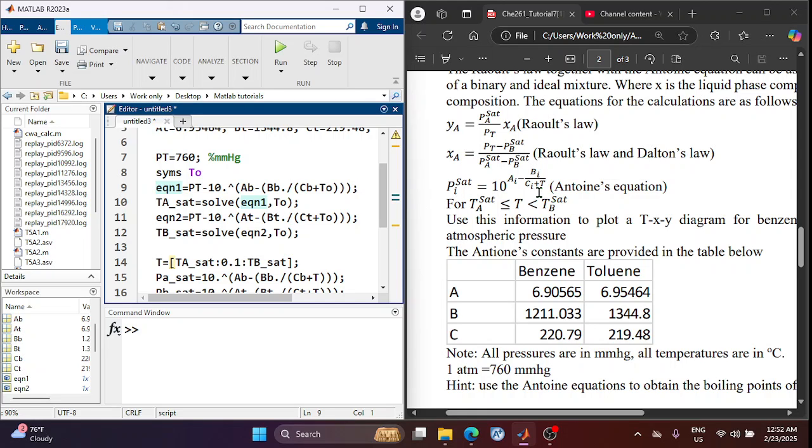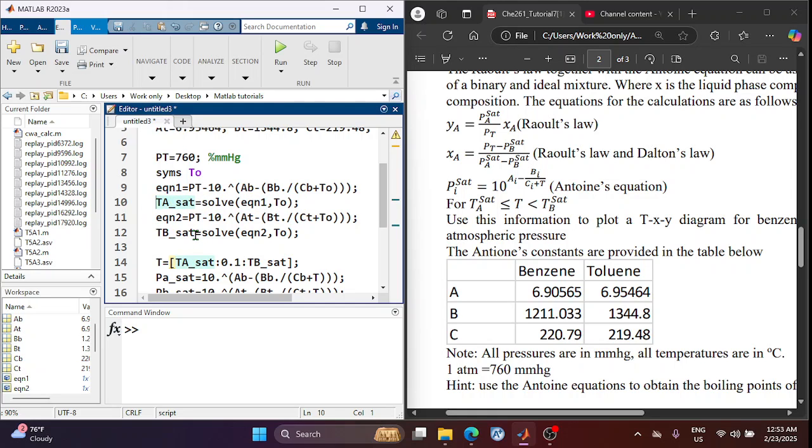Then we want to solve for T, given the P to be the system's pressure. So I'm going to replace the Pi sat here with the total pressure. So that will give me the temperature at which only benzene will boil at that pressure. So I'll solve for that. I'll type my TA sat to be equal to, I'm going to solve equation 1 for T naught. And I'll do the same thing for toluene.